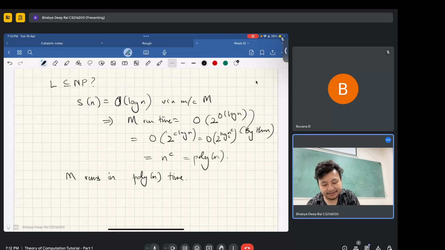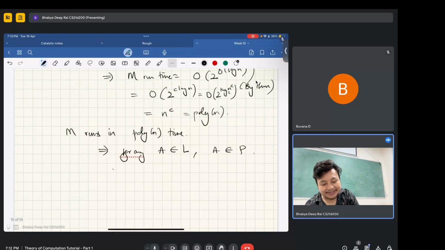What does it mean? It means for any language A in L, A is in P. It's not just in NP, it's in P. It's an even smaller class. So what does this imply? L is contained within P. This means that since P is itself contained in NP, L is contained in NP.